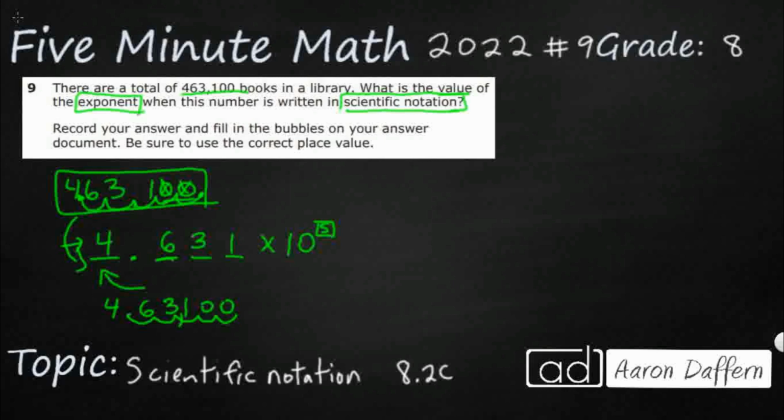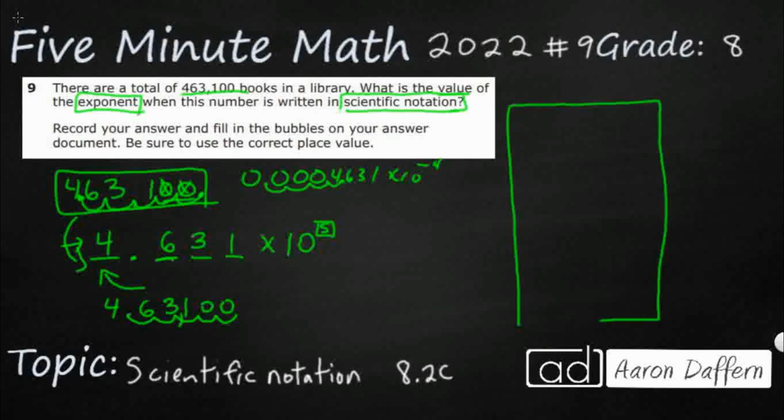If you're going to a decimal, you just have a negative exponent. So if this were like 0.0004631, right? 1, 2, 3, 4. It would be 4.631 times 10 to the negative 4, because when you multiplied this back, you'd have to go to the left 4 times rather than to the right. So that's how scientific notation works.